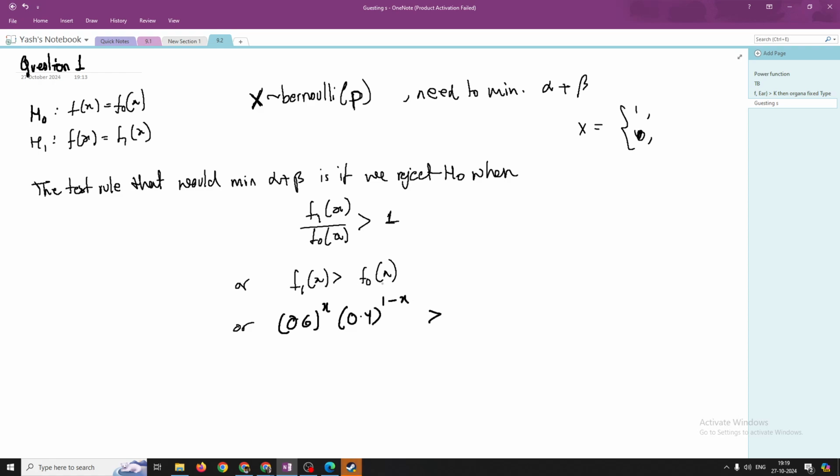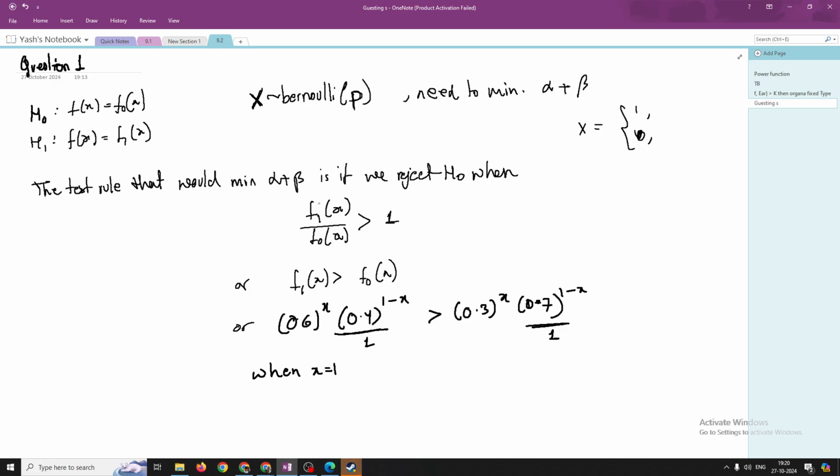This is greater than the same thing for f0, 0.3 to the power x, 0.7, 1 minus 0.3, to the power 1 minus x. Now when will this condition hold? It will only hold when x is equal to 1, because then this entire thing is just 1 and that entire thing is just 1, and you have 0.6 greater than 0.3, which is true.